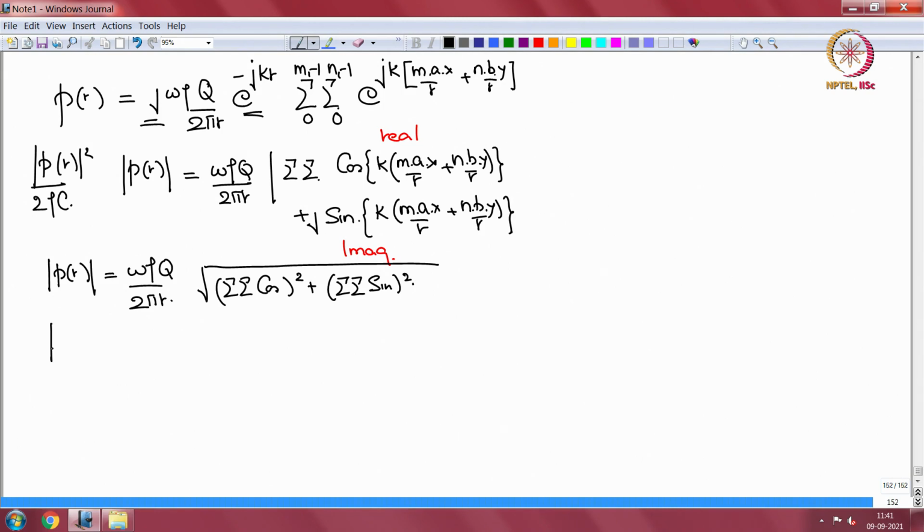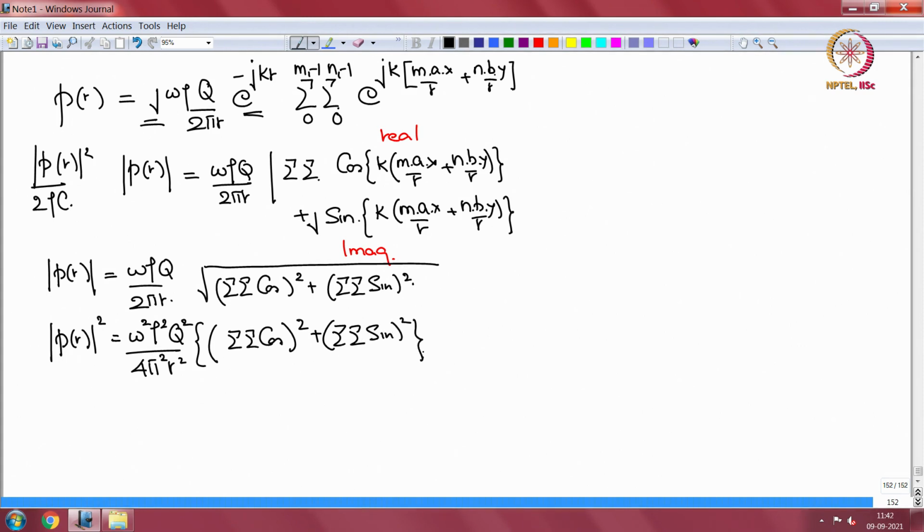Then p of r whole squared is omega square rho square q square by 4 pi square r square into double sum cosine whole squared plus double sum sine whole squared, divided by twice rho c.